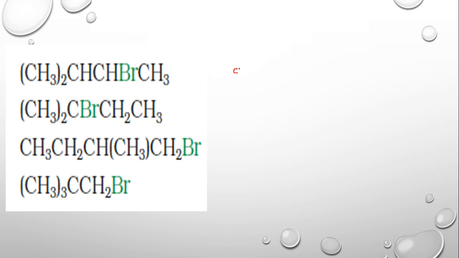So you have carbon CH which is attached to 2 CH3 which is attached to CH. This CH it is attached to Br. That is attached to CH3.